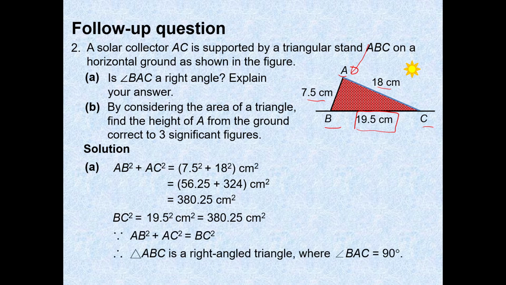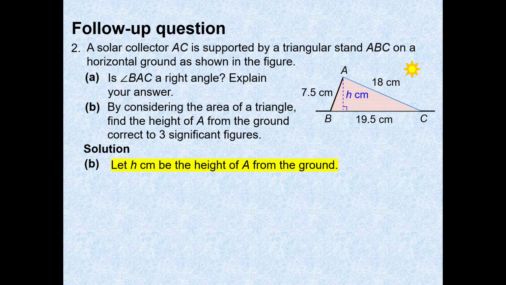So we can apply the converse of the Pythagoras theorem to prove that the triangle ABC is a right angle triangle, where the angle BAC is 90 degrees. So that's part A.